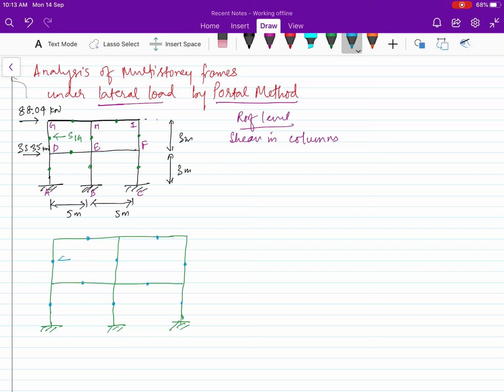Here S1G is our column shear, this is S1H, and this is S1I, because these are G, H, I, so I am putting the names like that.